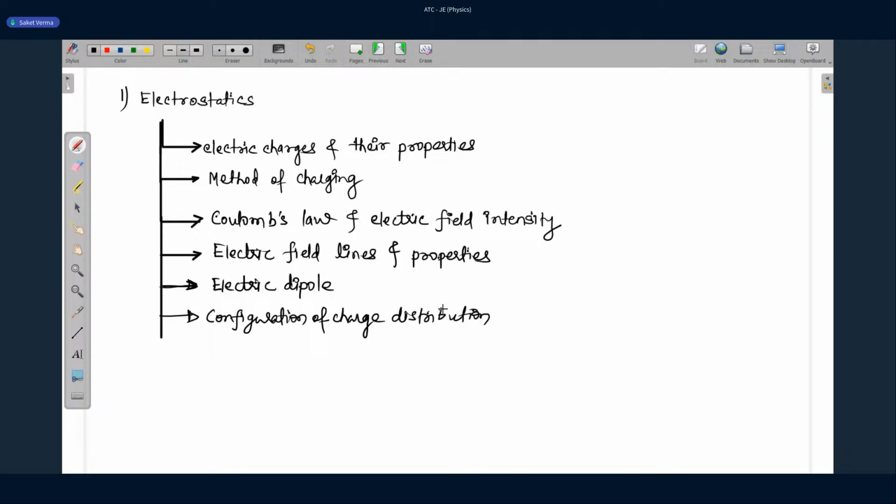You guys can comment in the comment section if you have already done some basics of physics for this particular exam, so that I get an idea of how far I have to go. Gauss law we are going to discuss. Obviously, Gauss law means we will also discuss some applications, potentials, work done. This will be the point of discussion today.